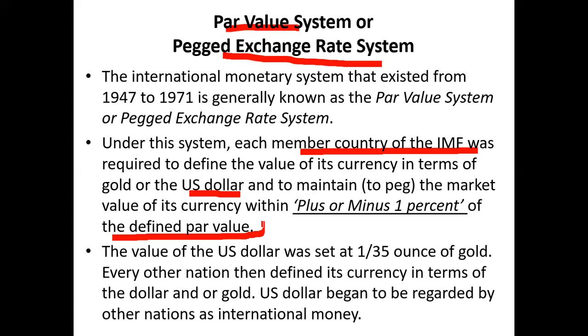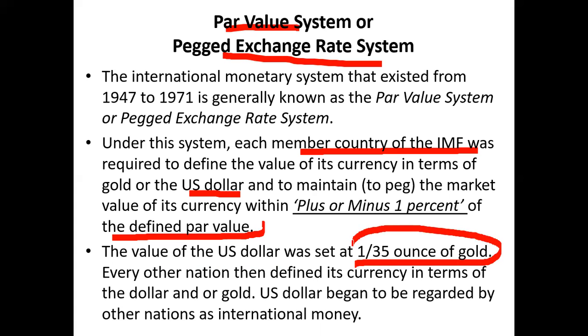Then they could make a variation of plus or minus 1%. They can increase it by 1%, or they can reduce it by 1%. The value of the US dollar was set at 1 by 35 ounces of gold.